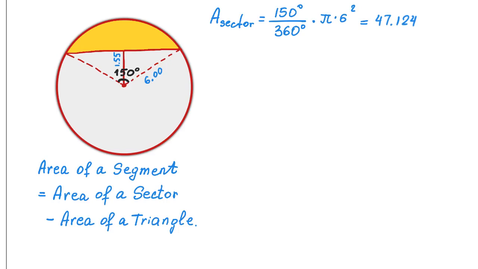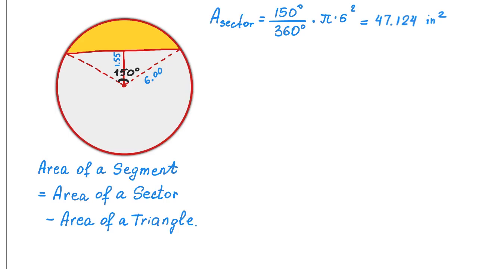And let all the dimensions be given in inches, then this area will be square inches. Now let's work on the area of the triangle. From the figure, we see that one side of the triangle is 6 and the height is 1.55. But it looks like we don't have the base yet.